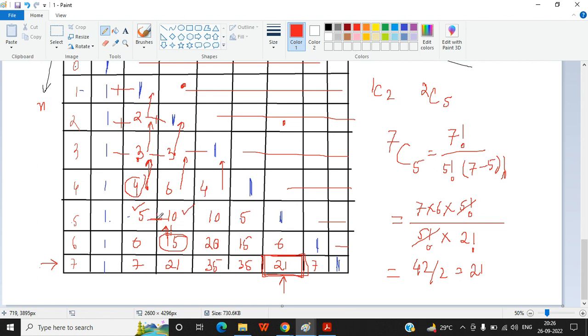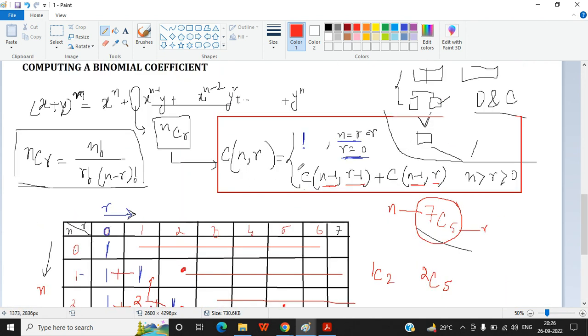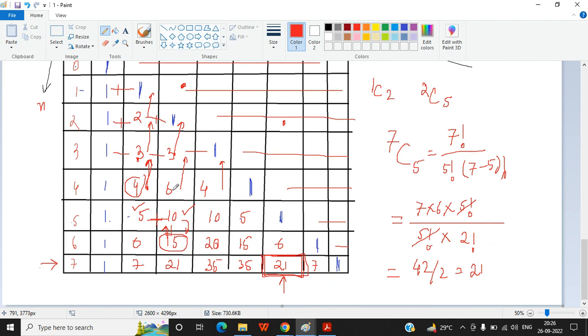These two you need to sum to produce the value here. Okay, you understand this recurrence now? Yes. So this is the way you have to compute the binomial coefficient, meaning the nCr value. Simple.